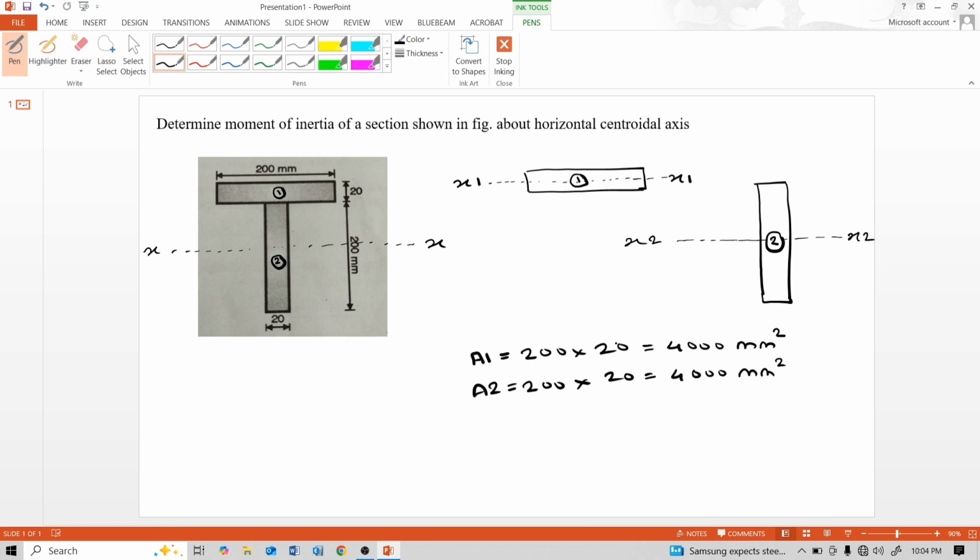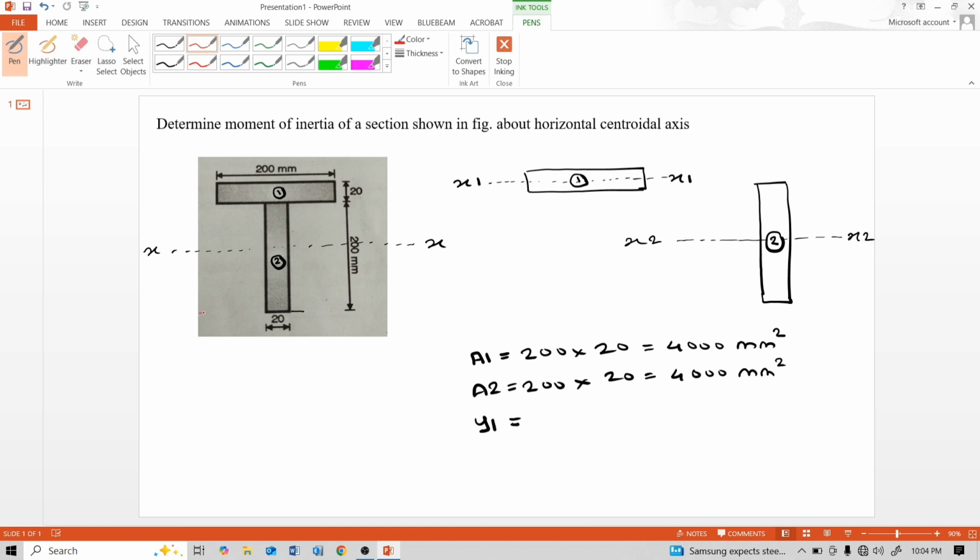Now from the bottom, the centroid for the first part, that means y1, is the centroid from the bottom.